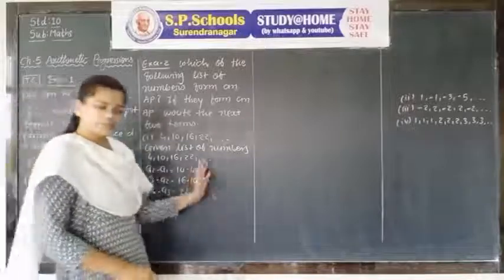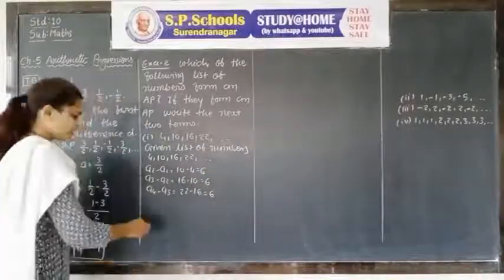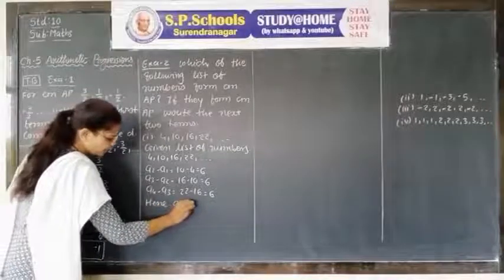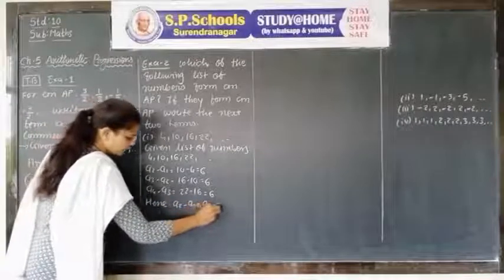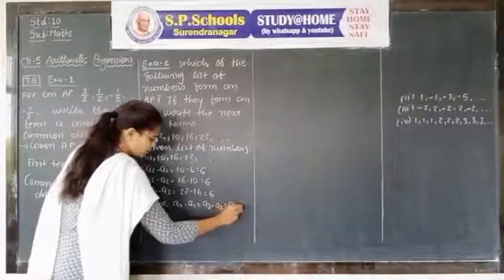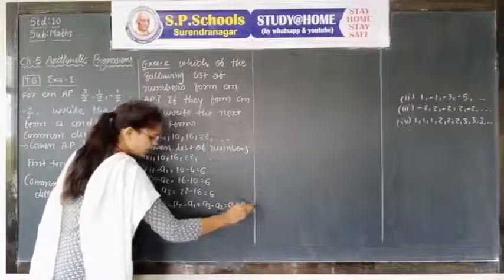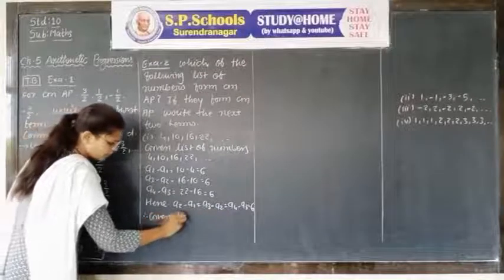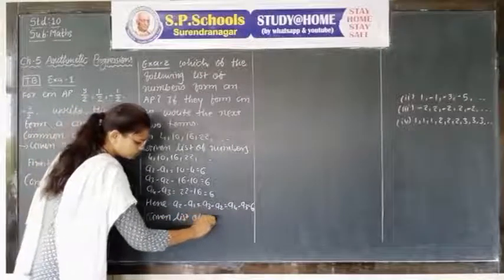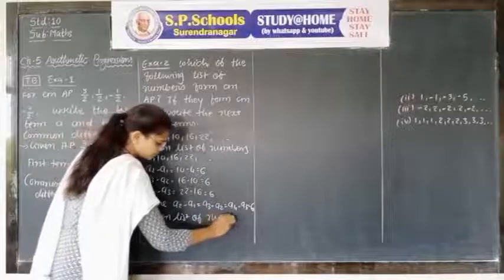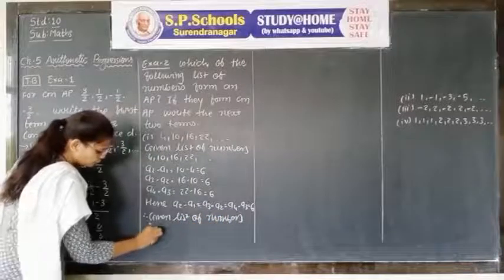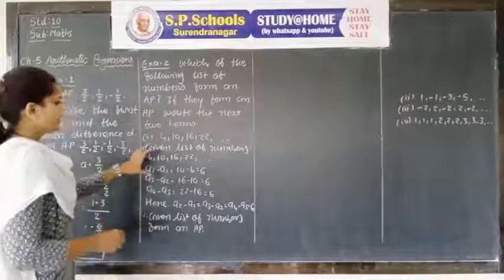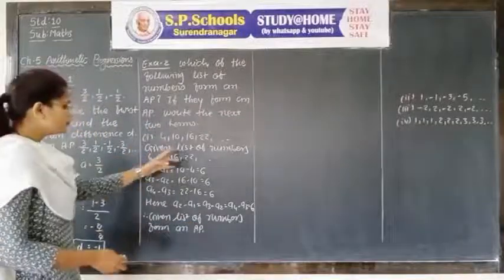Here the differences between consecutive terms are equal. Here A2 minus A1 is equal to A3 minus A2 is equal to A4 minus A3 is equal to 6. Therefore, the given list of numbers forms an AP. If it forms an AP, write the next two terms. Four terms are given.